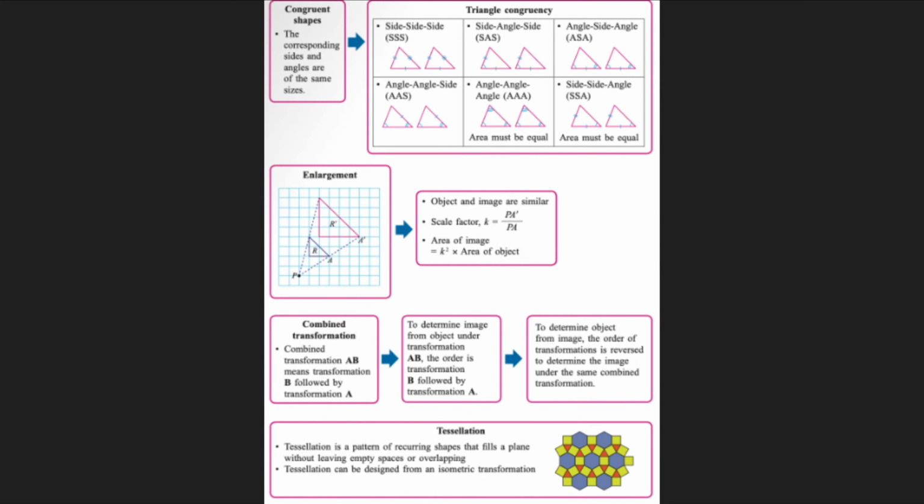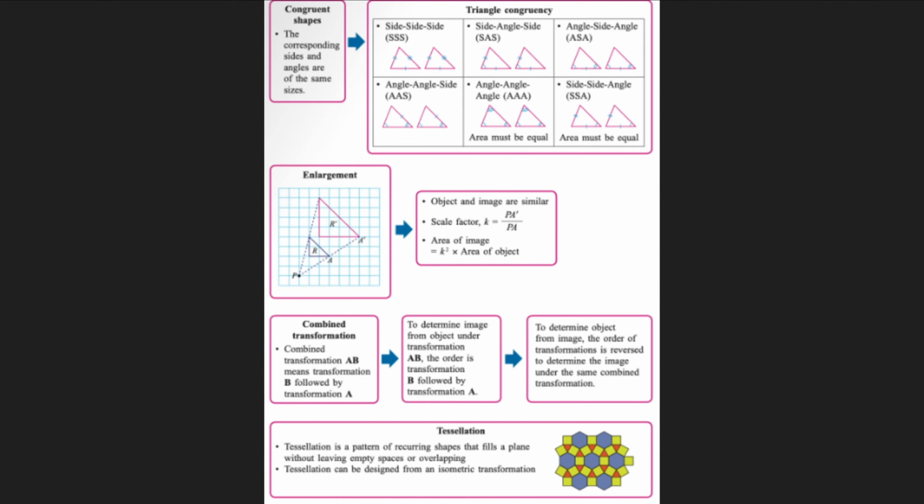So the summary for chapter 5 is that for congruent shapes, the corresponding sides and angles are of the same size. For triangle congruency, it must be side-side-side, side-angle-side, angle-side-angle, or angle-angle-side. So the areas must be equal.